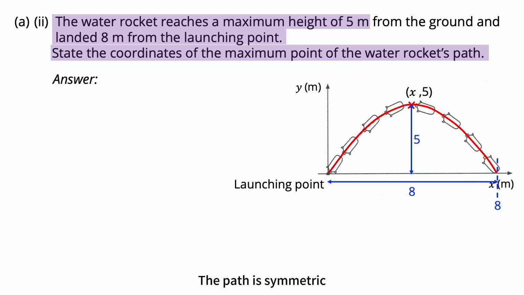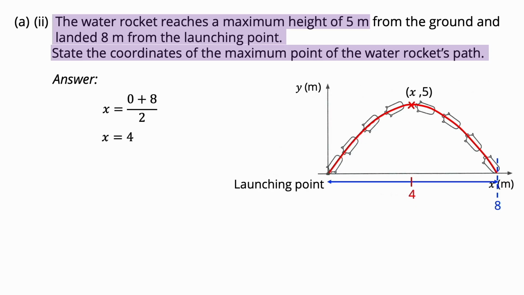The path is symmetric, and the rocket lands at x equals 8 meters. That means the maximum point is halfway between x equals 0 and x equals 8. Midpoint equals 0 plus 8 divided by 2 equals 4. Therefore, the coordinates of the maximum point are (4, 5).